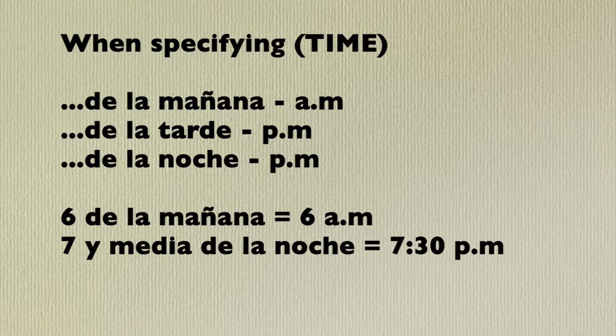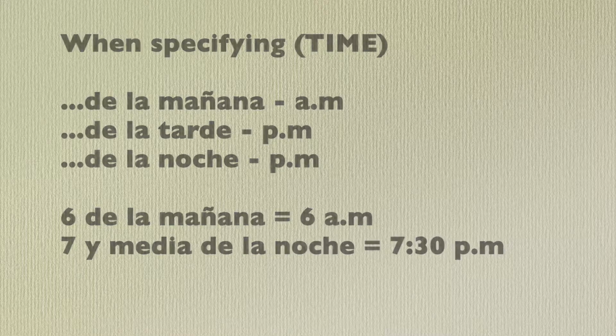Like in English, when we write on paper, we put p.m. for both afternoon and evening. In Spanish, you do have to specify. So you say 3 de la tarde, or 10 de la noche, right?